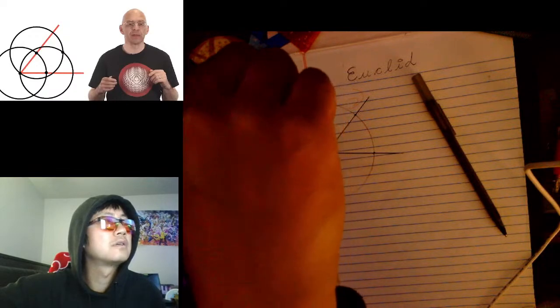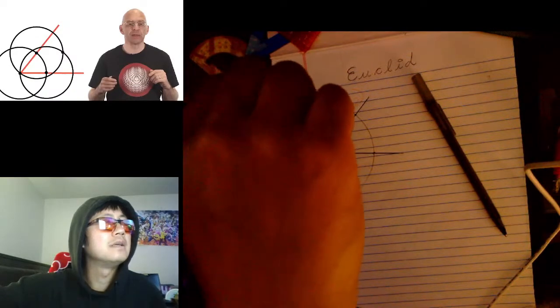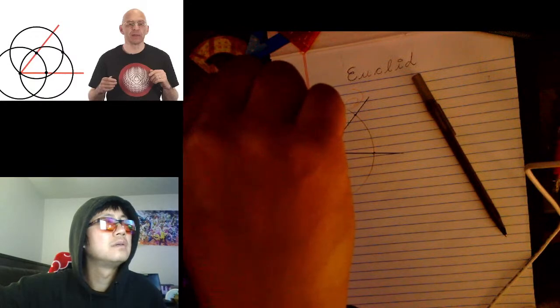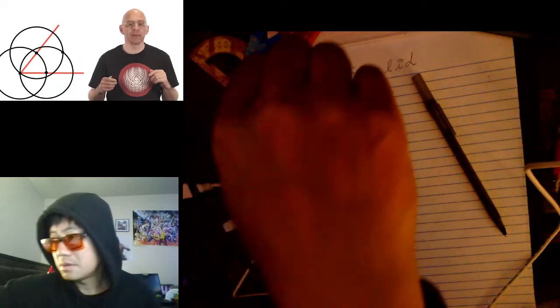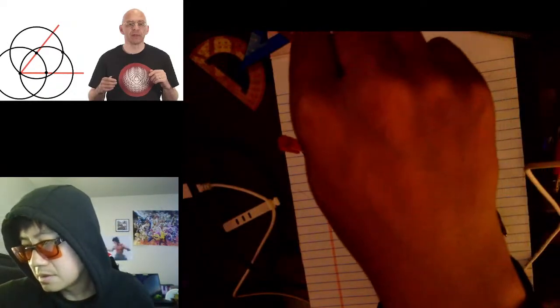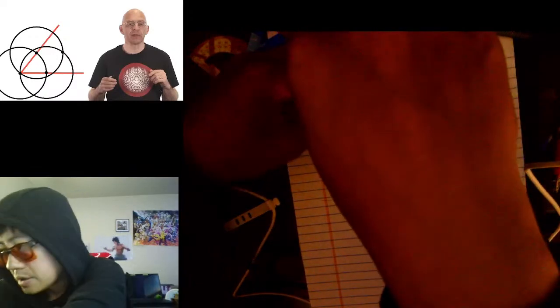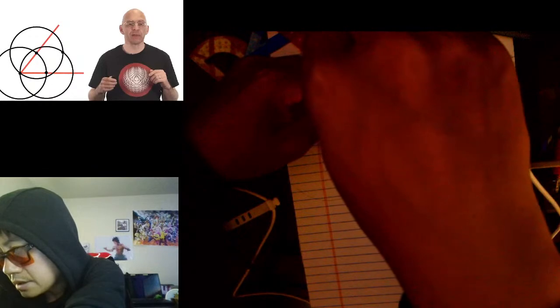These all look like congruent circles. That's a circle. There's this. Just looking at that. This is a circle. This is how you bisect an angle.